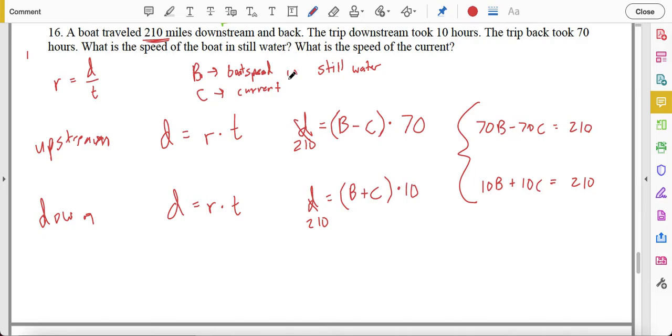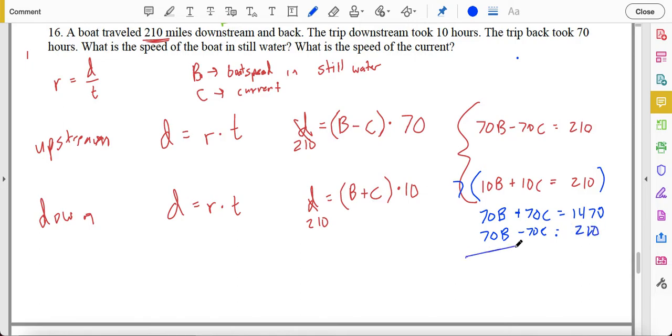So I'm going to solve it using elimination. I'm going to multiply this equation by 7 to make 70B plus 70C equals, sorry, not 210, 1470, 7 times 210. And then I'm going to add this equation to it, 70B minus 70C equals 210.